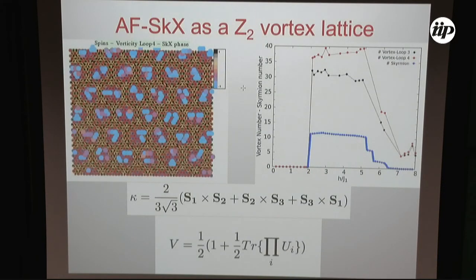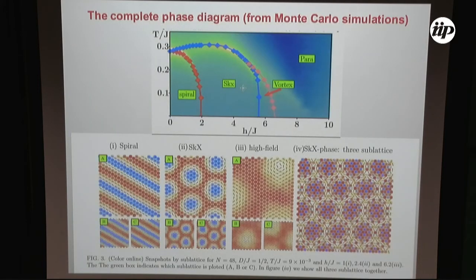And so we started to look at the, maybe I will jump to the complete phase diagram, and then I will go back to some details. So the complete phase diagram from Monte Carlo, and later on with a continuum field theory description, looks like this. Here you have temperature, and here magnetic field.